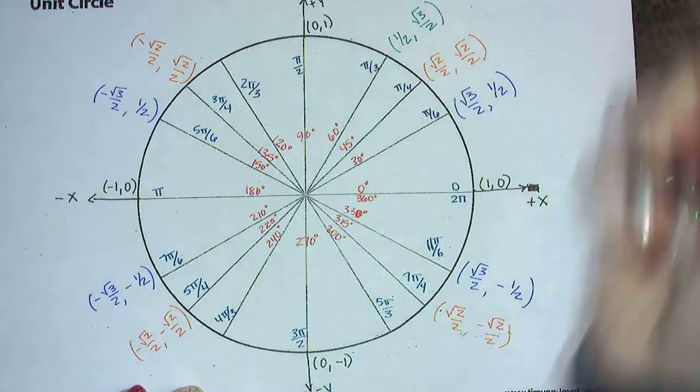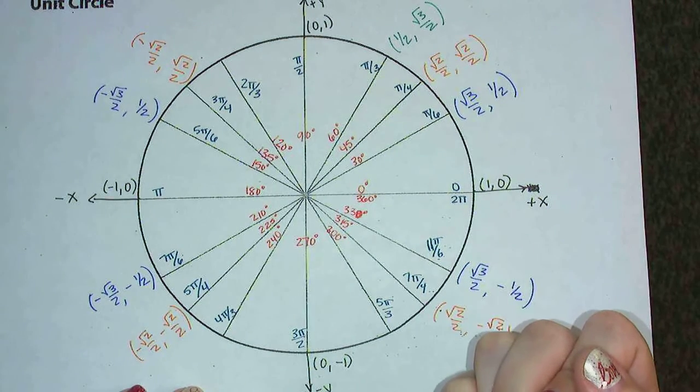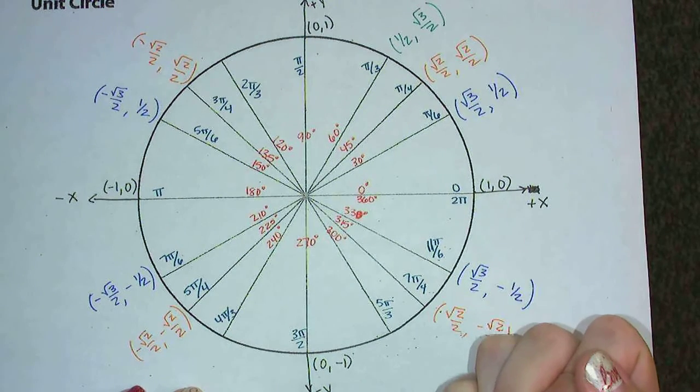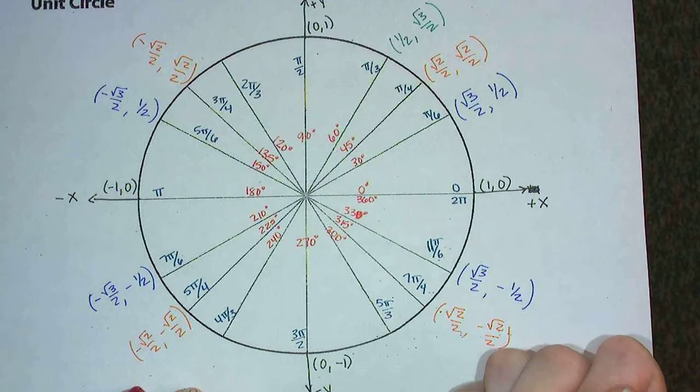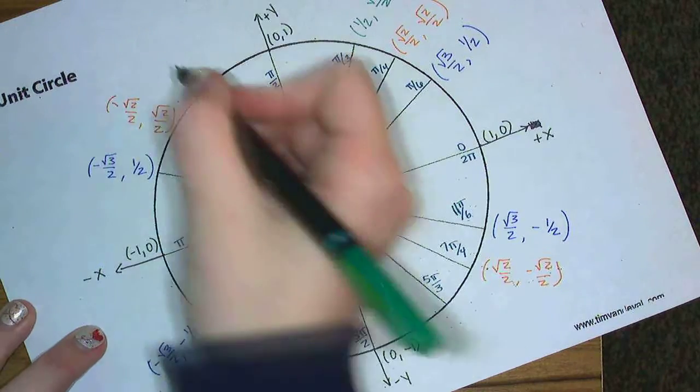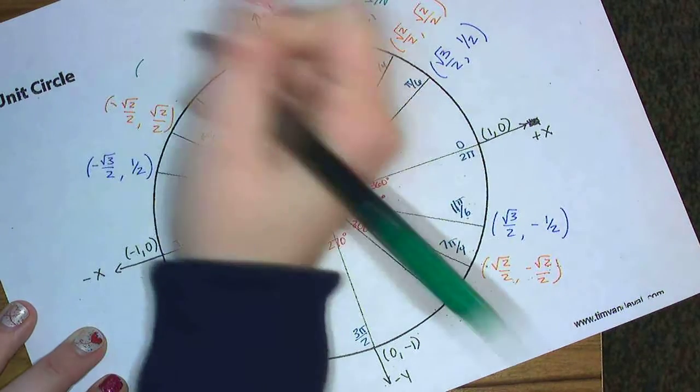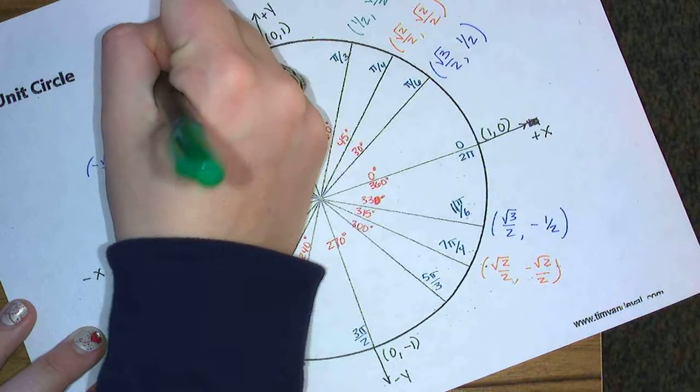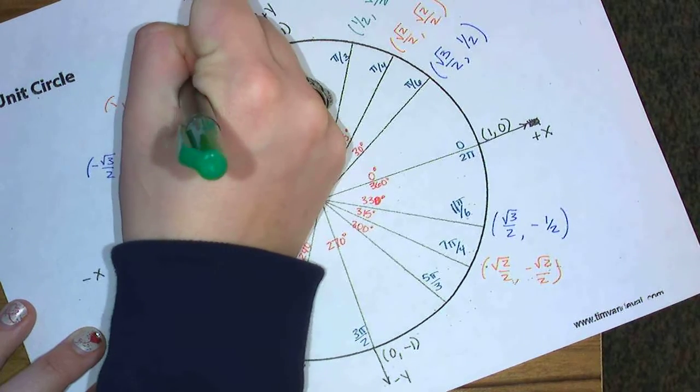Okay, and then just like the rest of them, it follows the same pattern that as you go around, the x and y values, positive or negative, follow the quadrant that they're in. So at 2 pi over 3, x is negative, y is positive. So we've got negative 1/2 and root 3 over 2.